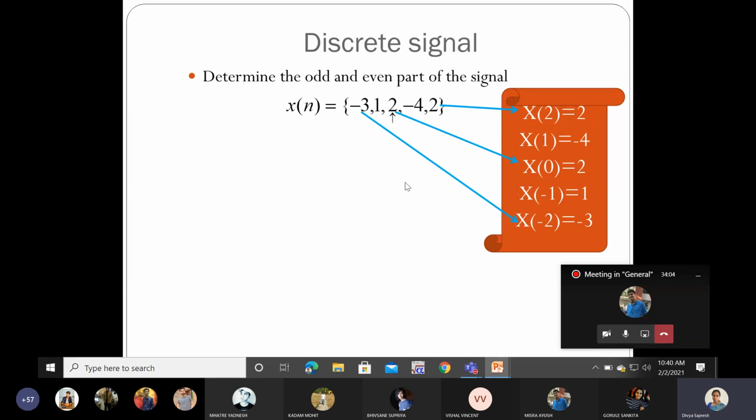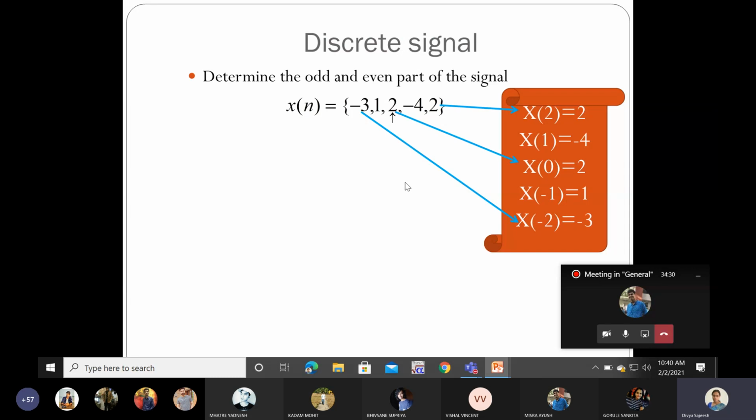Determine the odd and the even part of the signal. Here we have a sequence given, x of n equal to -3, 1, 2, -4 and 2. There is an arrow indicated below the number 2.